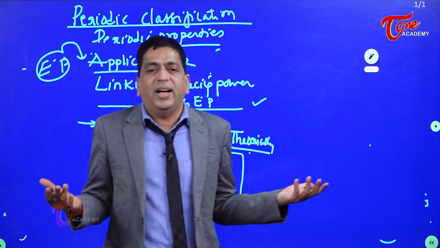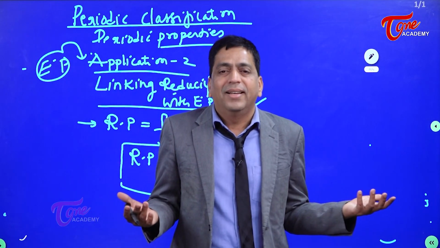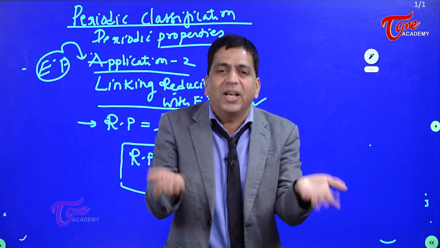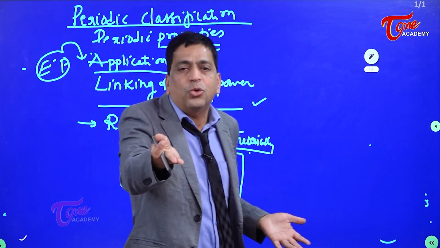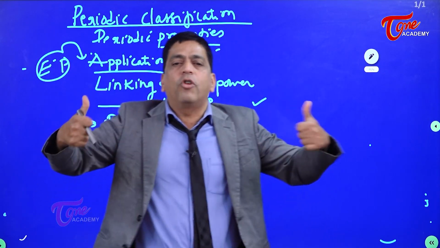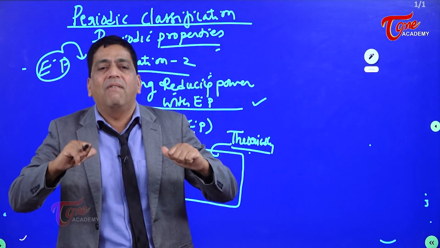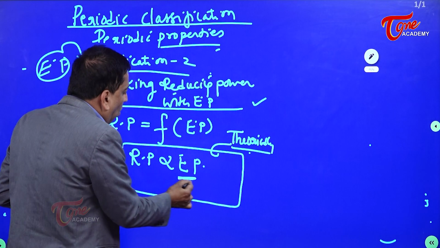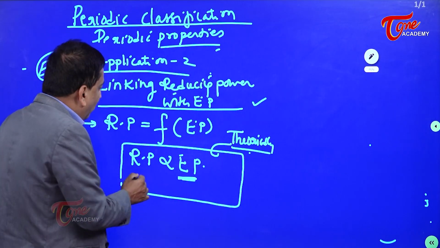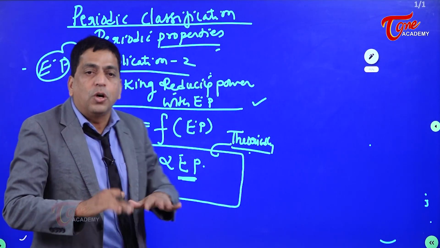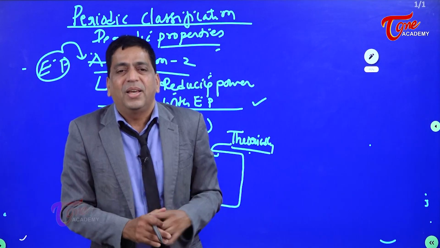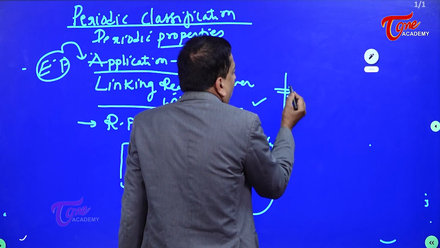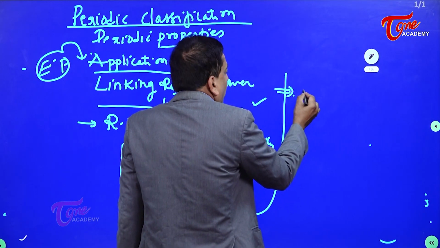If I possess the greatest vomiting power and I vomit electrons onto you, you are reduced. When you are reduced, I am a very good reducing agent, my reducing power is more. So if the vomiting power is more, then the reducing power is also more.